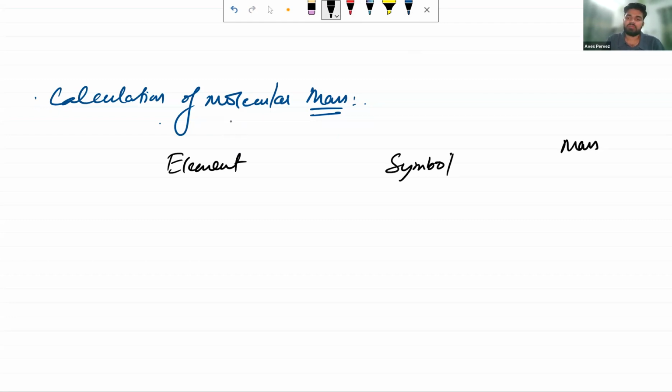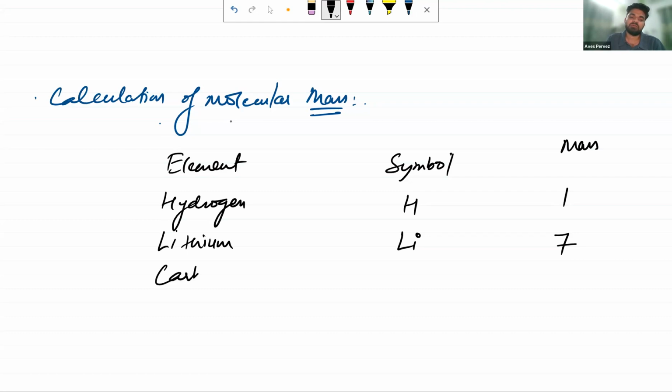So if you have hydrogen, then its symbol is H and its mass is 1. Next we have lithium, symbol Li, mass 7. Next is carbon, symbol C, and the mass is 12.